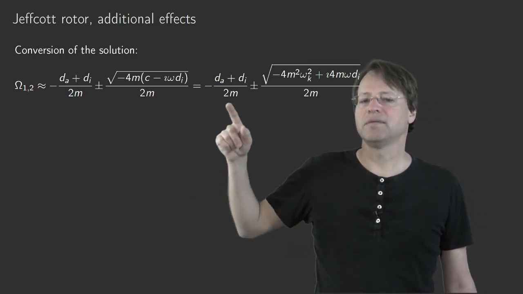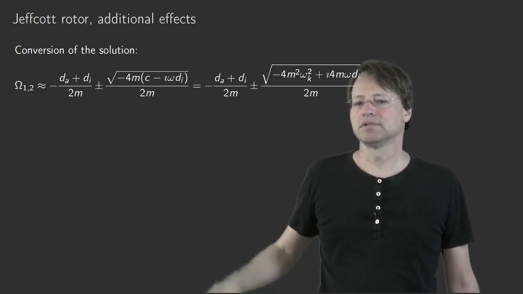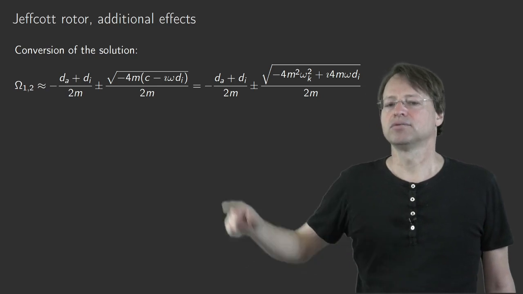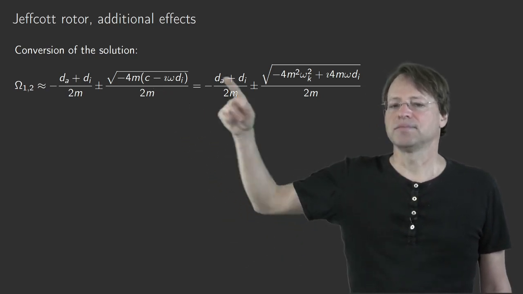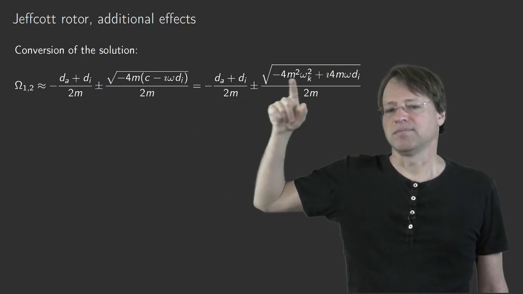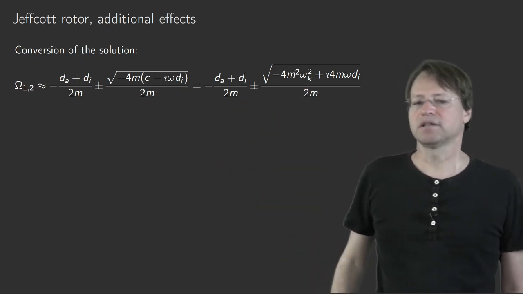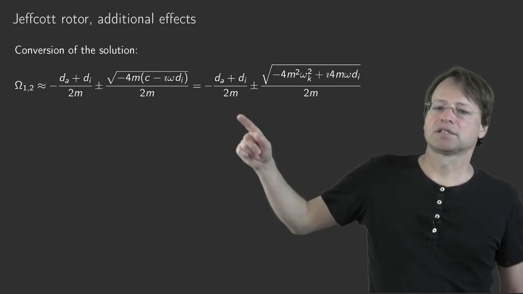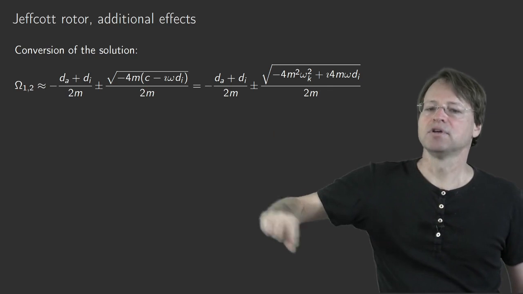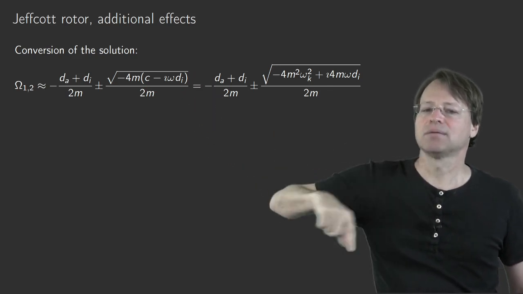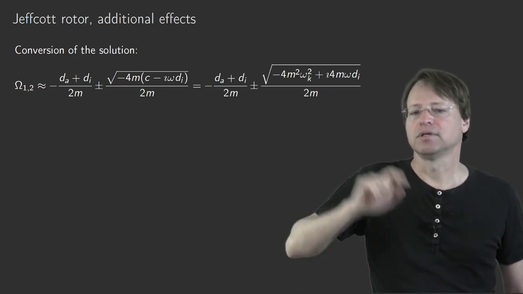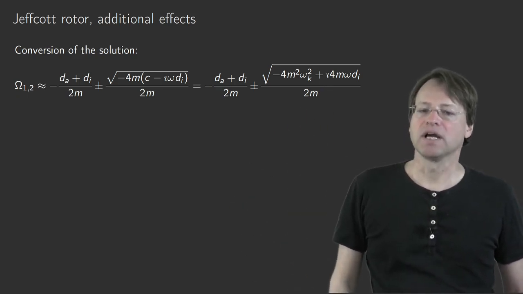So I have dA plus dI divided by 2m, same as before. And then for the root, I will write that root as being minus 4 times m squared multiplied by c divided by m, which amounts to omega k squared, the critical speed, plus 4 times m omega dI multiplied by the imaginary unit. And I divide the whole expression still by 2m.